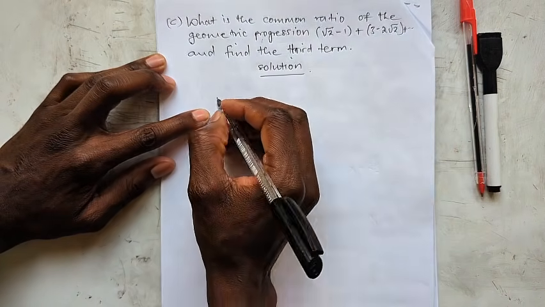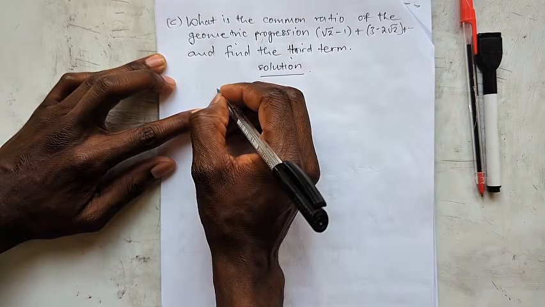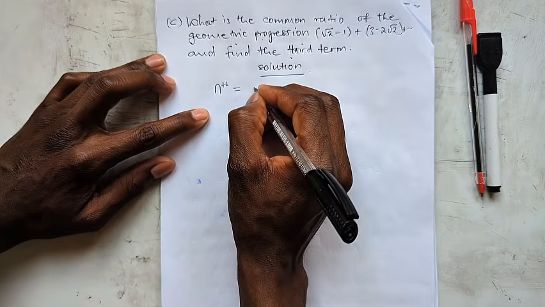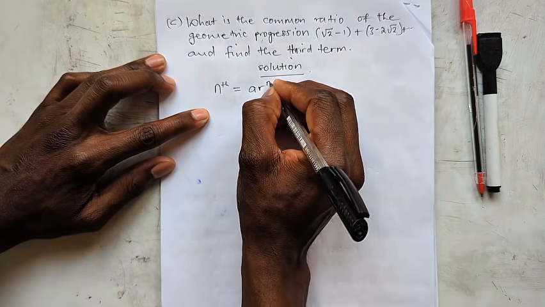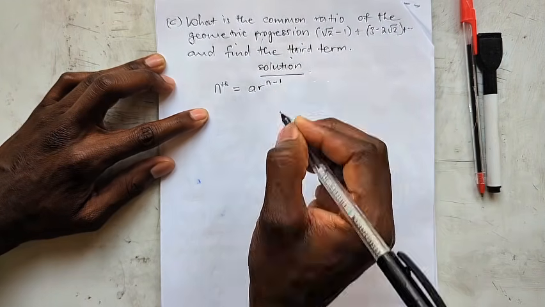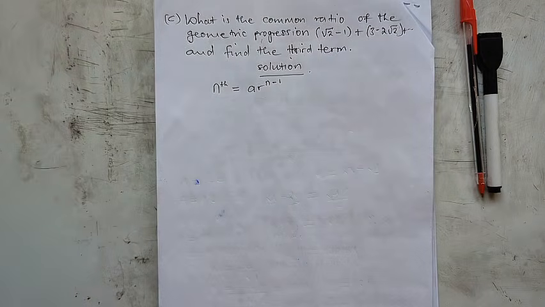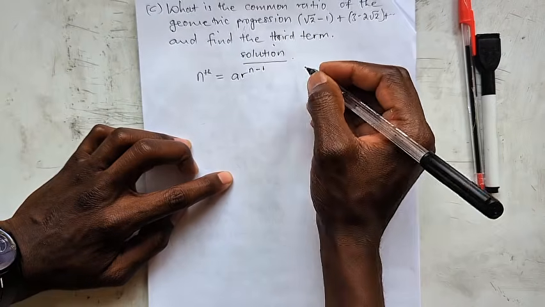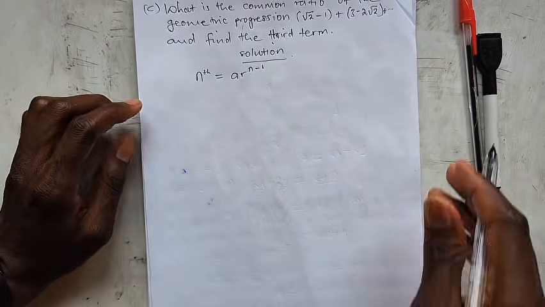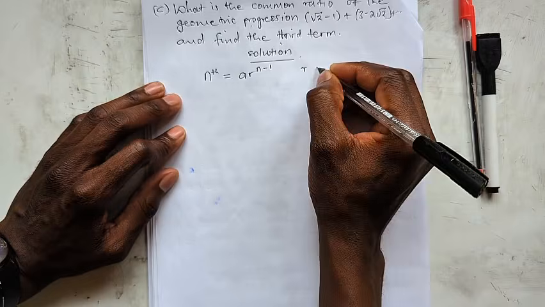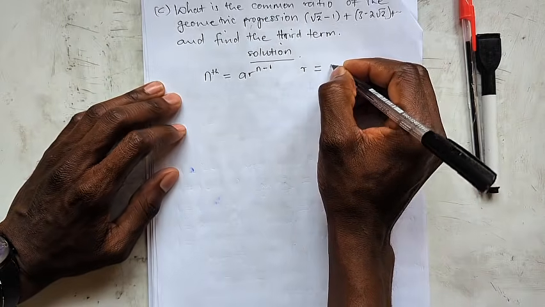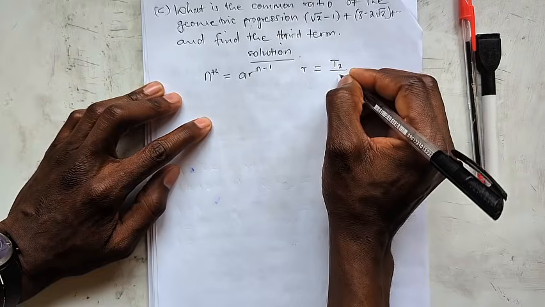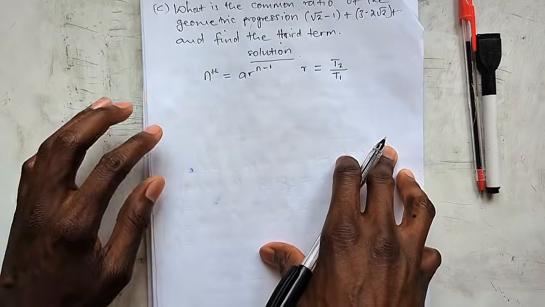So the formula that we normally use to find the nth term has to be a r to the power of n minus 1. And then the common ratio, which is denoted by r, has to be equal to the division of the second term by the first term.